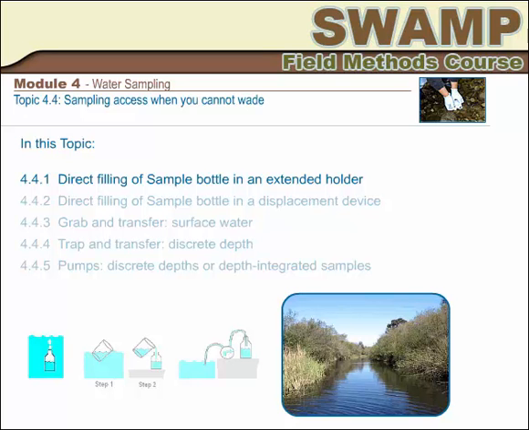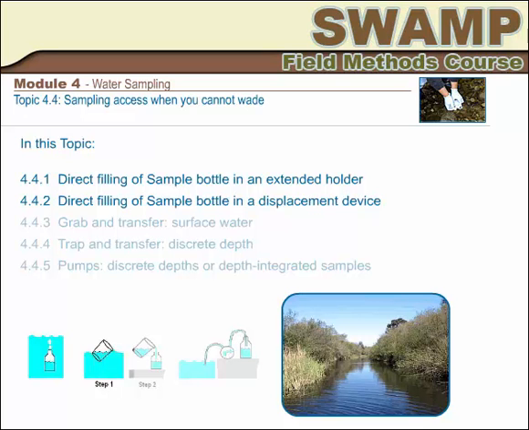Another variant of the direct filling principle makes use of an air displacement device which holds the sample container within its body and allows for sampling at a discrete depth. The intake parts need to be cleaned between stations. Examples described in section 4.4.2 include the Lamont sampling bottle or the isokinetic sampler. All of these examples make use of the first sampling principle, direct filling.